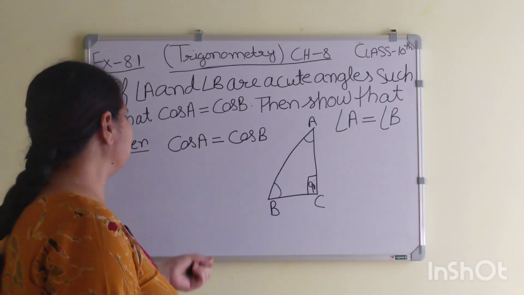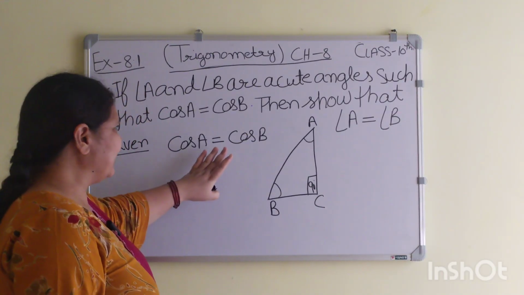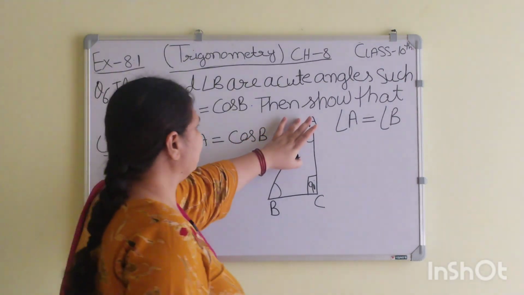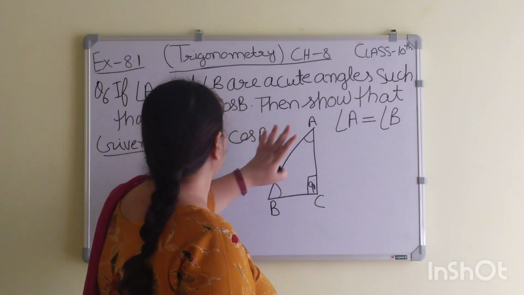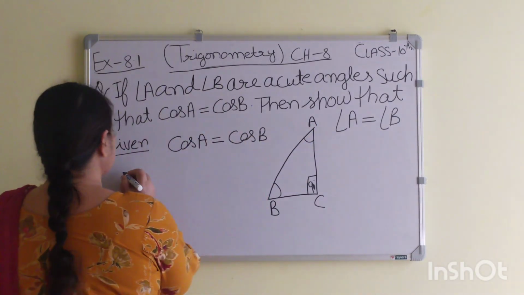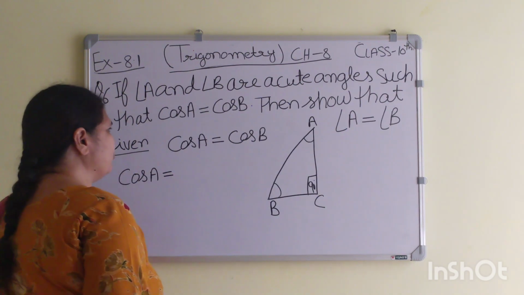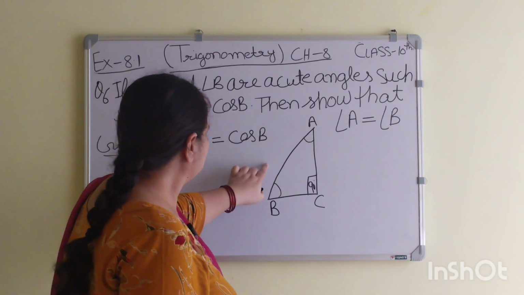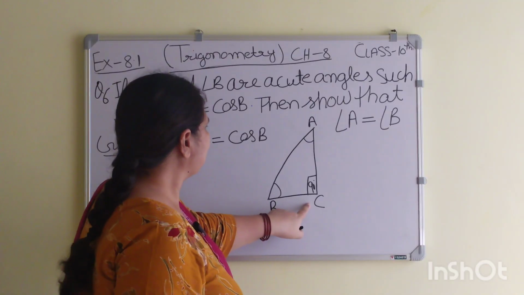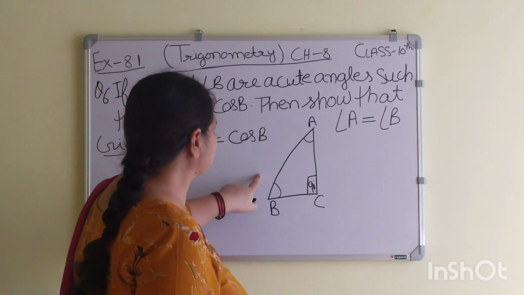So students, according to acute angle A, cos A is equal to base upon hypotenuse.